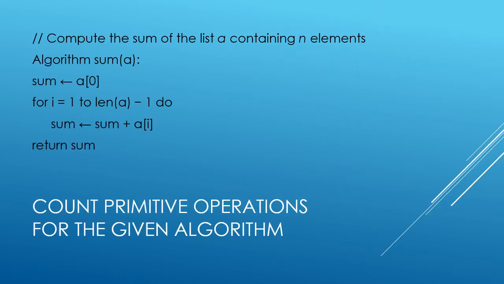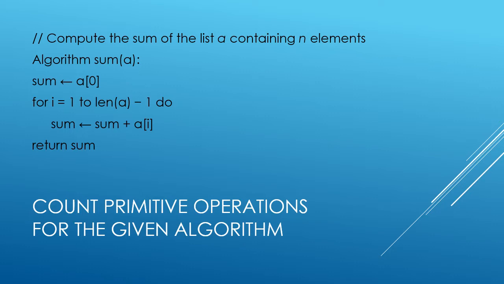Now that you know what primitive operations are, I ask you to count primitive operations for the algorithm shown here. This algorithm computes the sum of the list A containing n elements. So when it starts, it puts the 0th element of A in a variable known as sum. Then it runs a for loop from 1 to n minus 1.